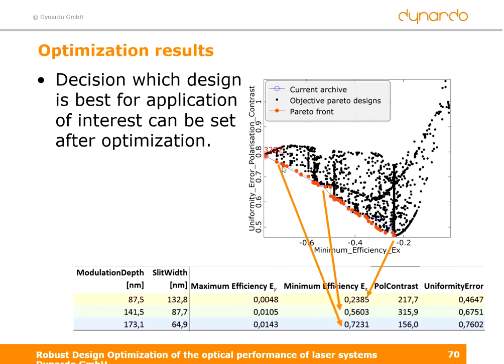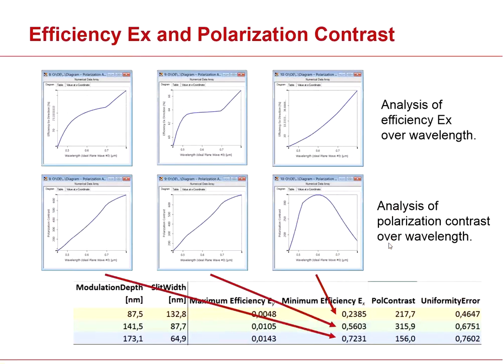You might say that in this left part you have the best design for your application, because here the uniformity error is rather high, but the efficiency in X direction is rather high as well. At the same time, you might choose a design from this area where you have a very low uniformity error, but a quite low efficiency in X direction as well.